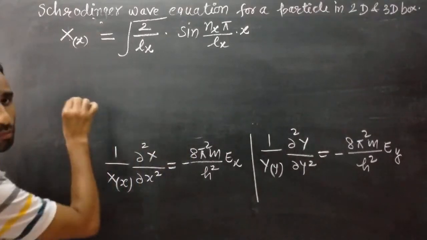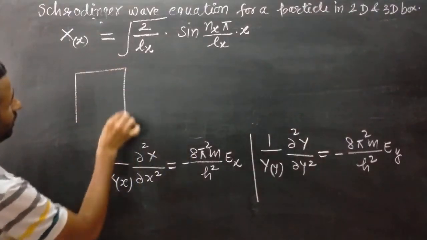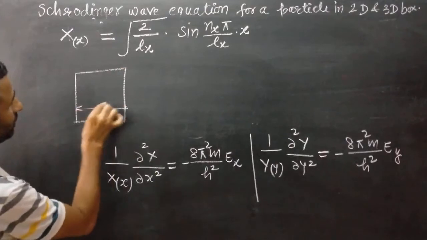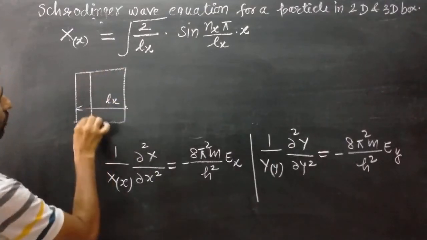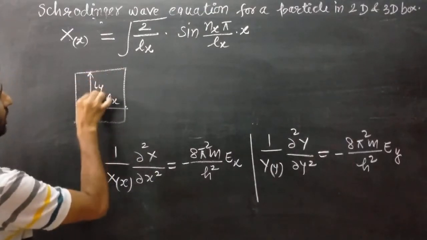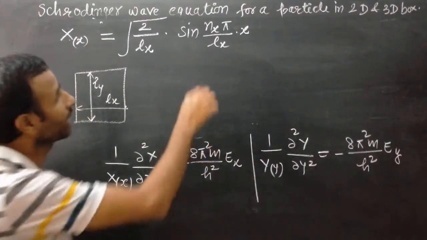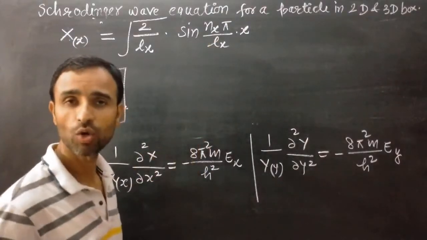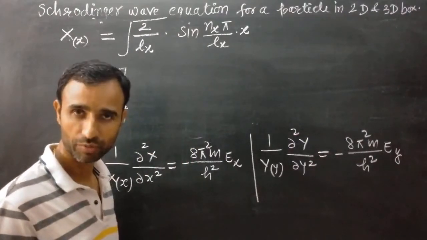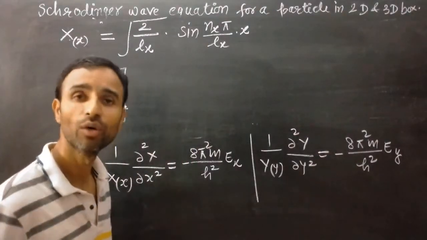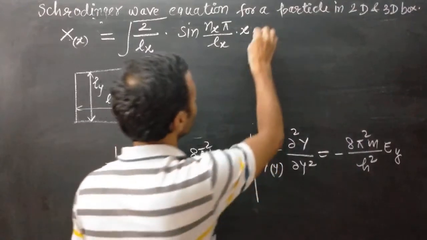Lx is the length of the box along the x-axis and Ly is taken as the length of the box along the y-axis. Okay, and nx and ny are quantum numbers along the x-axis and y-axis. So this is for the x-axis.